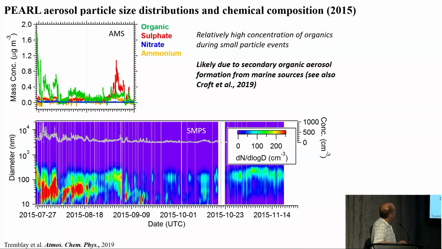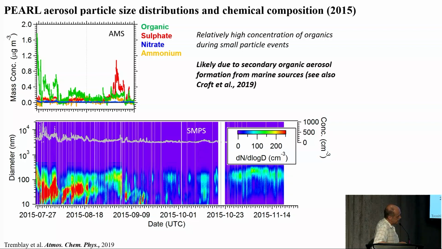So here's one example of the measurements at Eureka. Up above is the aerosol mass spectrometer. It's mass concentration as a function of time for about a week, speciated into organics, sulfates, nitrates, and ammonium types of aerosols. On the bottom are measurements made at Eureka using an SMPS, a device that measures the particle size distribution of the submicron aerosols.